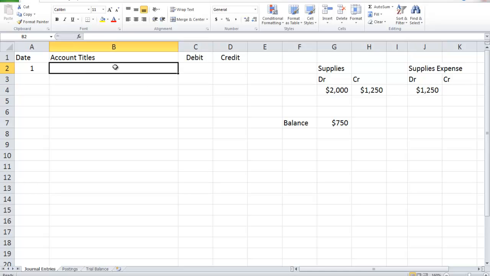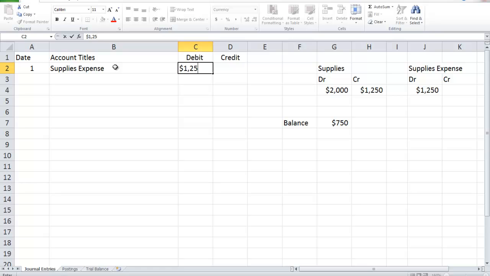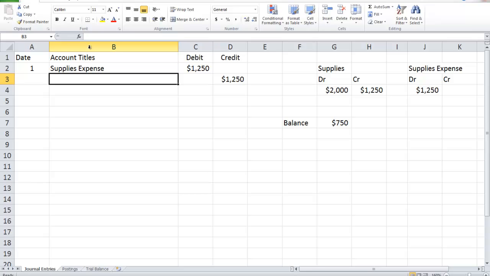So here in the account, we're going to have a debit to supplies expense for $1,250 and a credit to supplies also for $1,250. So that is our credit. Again, that's supplies, not supplies expense, that is our credit.